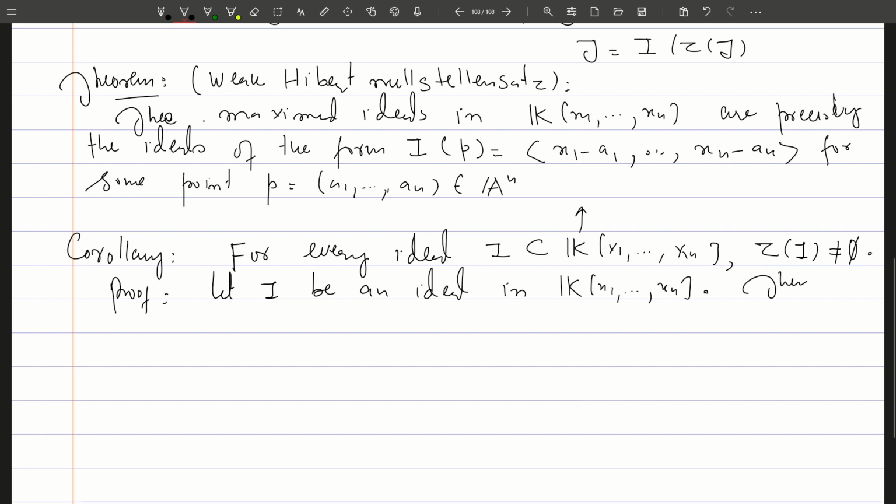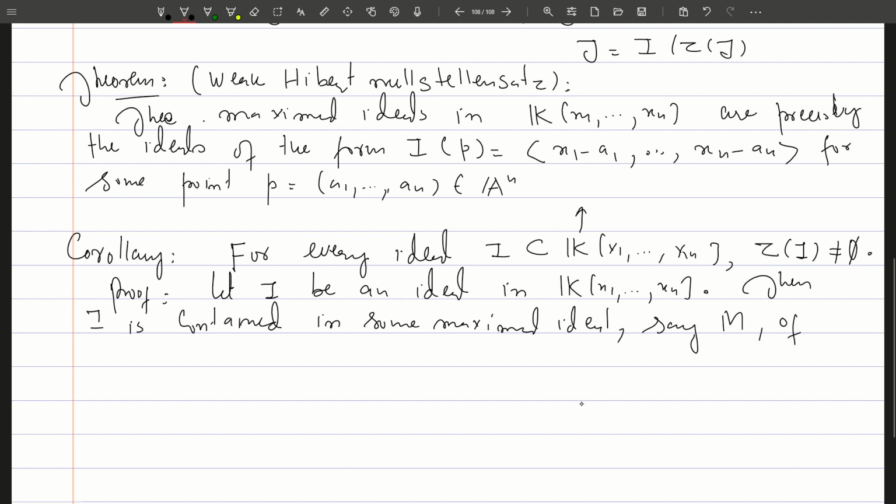So then I is contained in some maximal ideal, say M, of the polynomial ring.